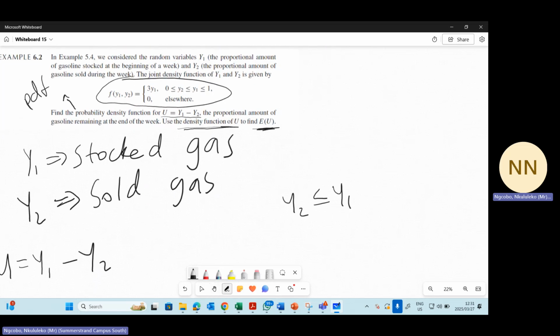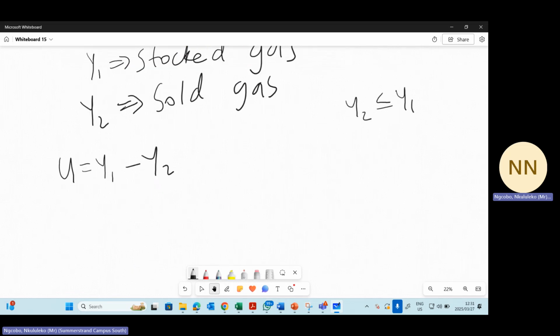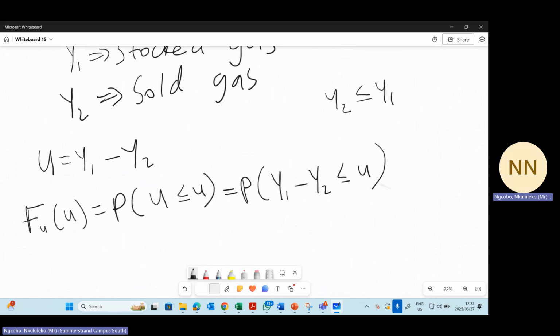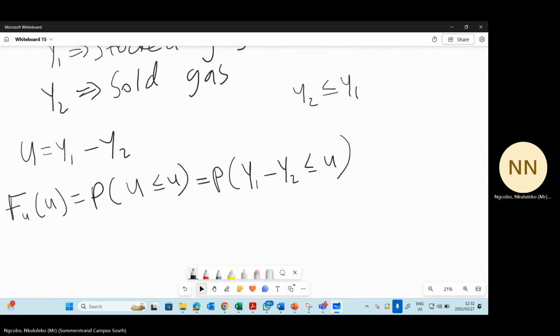Now, before we focus on this, let's maybe model it. So we know that F of u is equal to the probability of U less than or equal to u, which is just the probability of y1 minus y2 less than or equal to u.